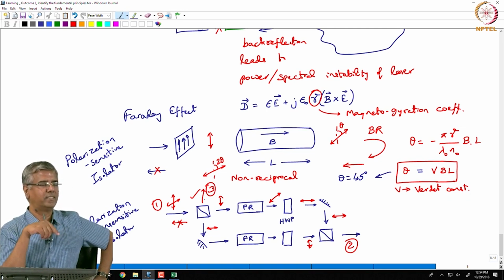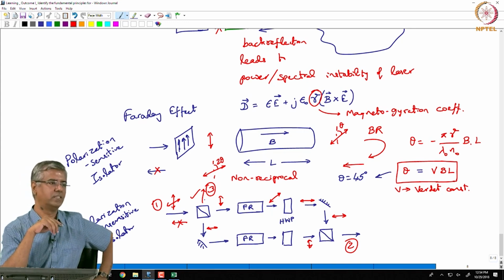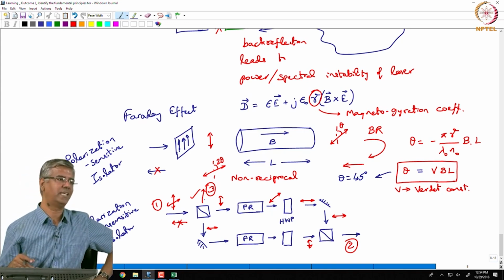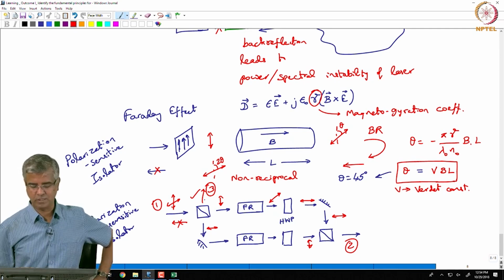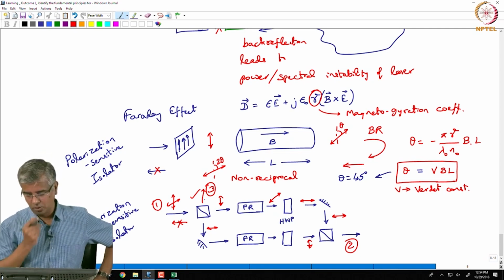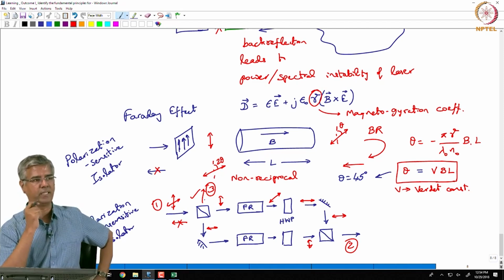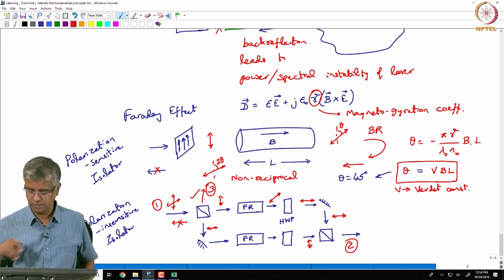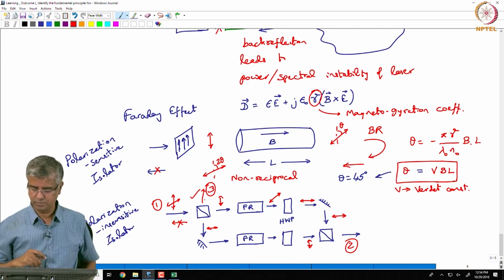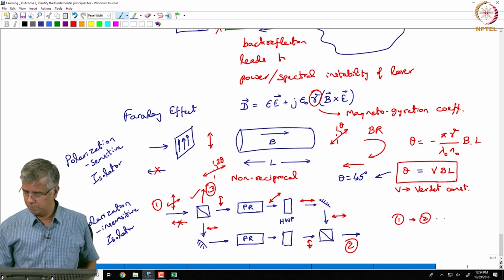Okay. Does that remind you of something that you have come across? That is the functionality of a circulator. So, a polarization insensitive isolator can actually be modified to provide you this circulator functionality as well. So, you can extract light coming back from the other direction. Okay. So, you can do 1 to 2, but anything coming from 2 goes into 3.